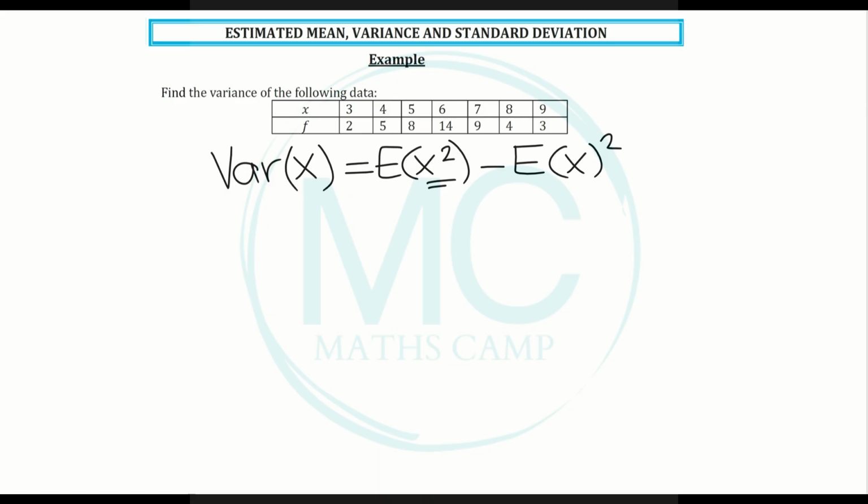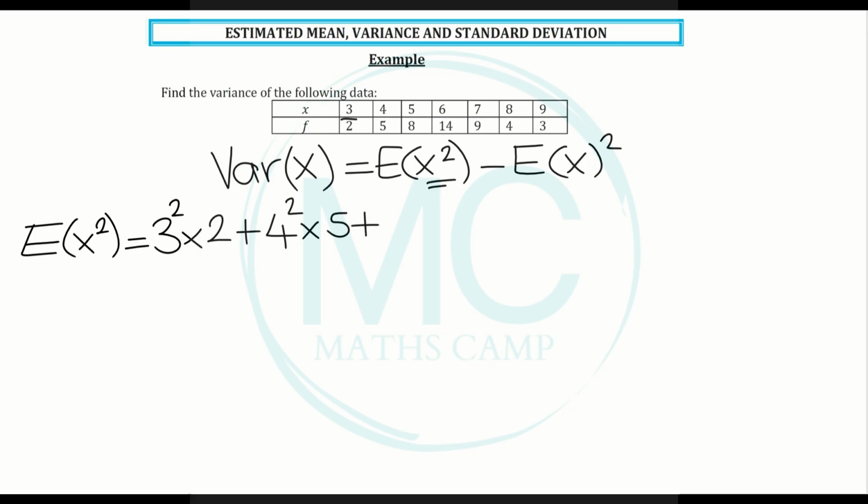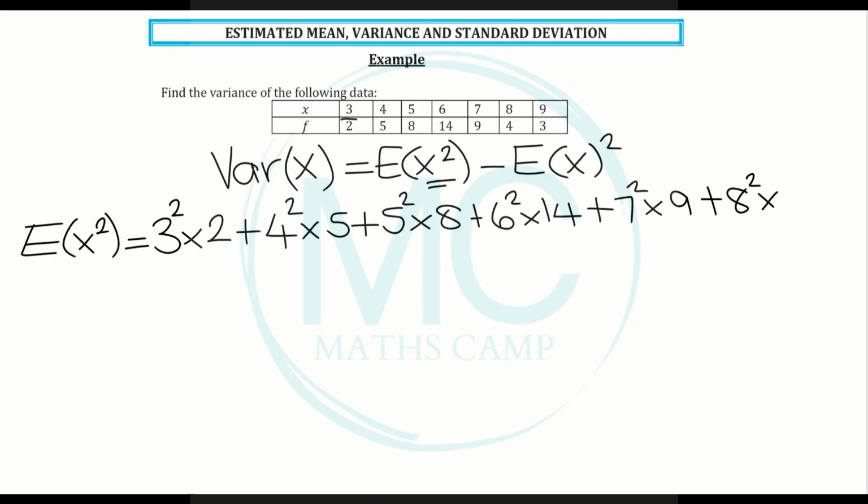So I have an X term of 3. So I'm going to say E(X squared) is equal to 3 squared multiplied by its frequency, 2, plus 4 squared multiplied by its frequency, 5, plus 5 squared multiplied by its frequency, 8, plus 6 squared multiplied by 14, plus 7 squared multiplied by 9, plus 8 squared multiplied by 4.